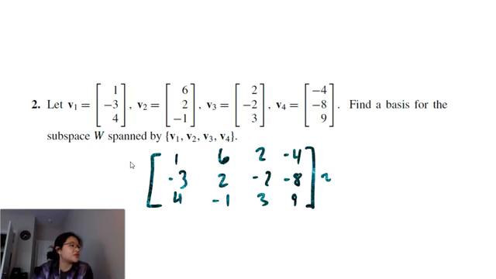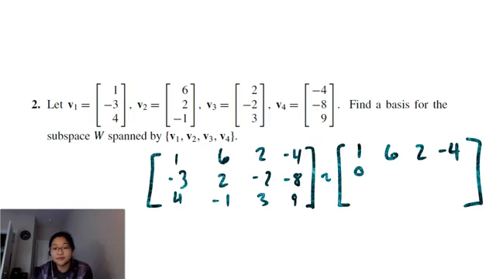Okay, and then we'll do some row reduction, and what do we end up with? We got 1, 6, 2, -4, 0, 20, 4, -20, and 0, -25, -5, 25.